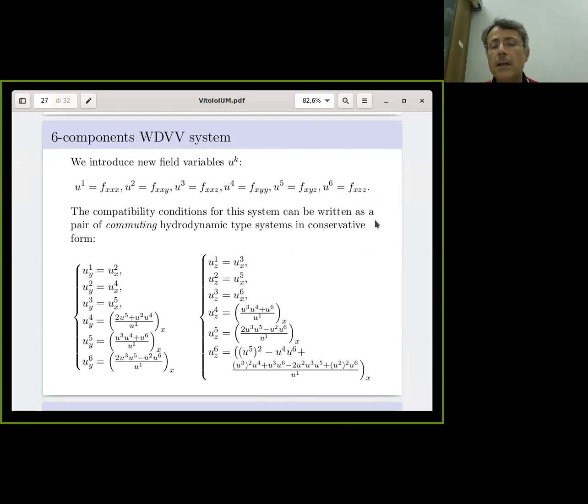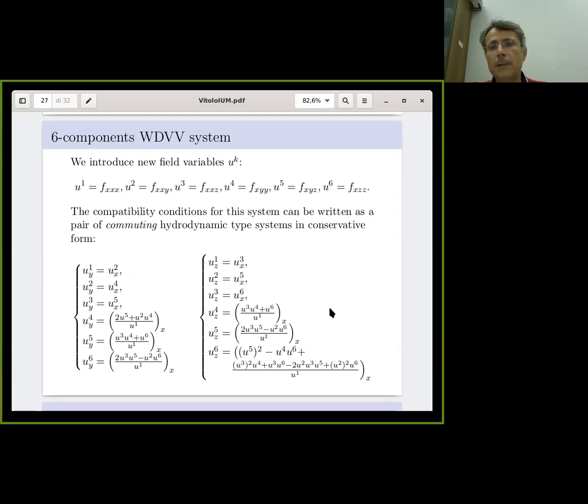If you freeze another independent variable, for example y, you have one system of conservation laws. If you freeze the other independent variable, you have another hydrodynamic type system. And what you can prove is that these two systems are commuting flows.